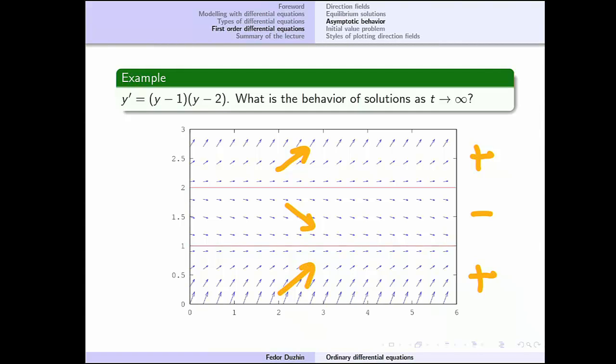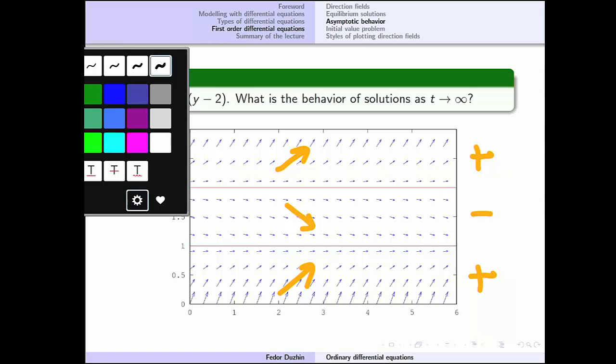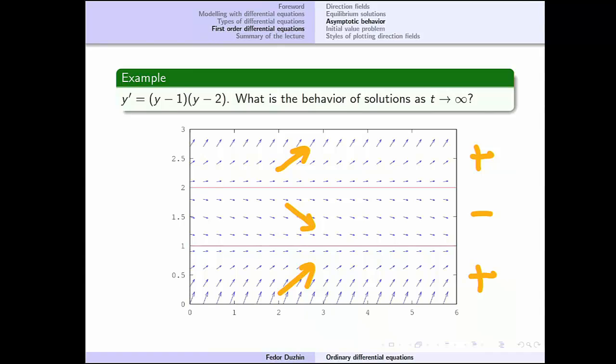Putting this picture together with our calculations for equilibrium solutions, we see that all solutions here gradually approach the line y equals 1, and here they will also approach the line y equals 1, but here they will very quickly go towards infinity.